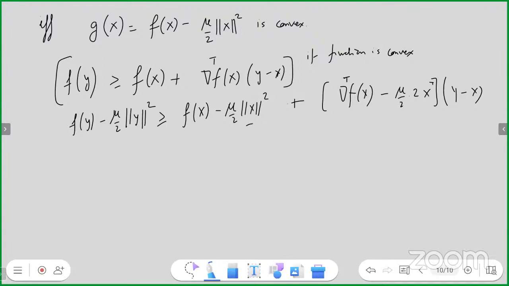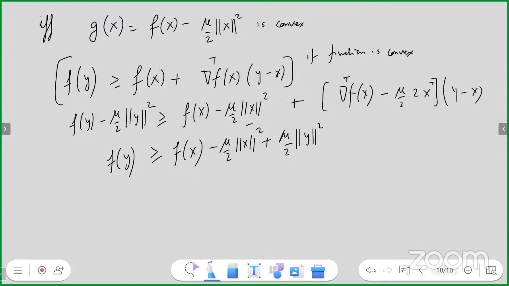Okay, so what can I do? I can keep f of y here, greater than f of x here, minus mu by 2 mod x square, plus mu by 2 y square. That much I'm done. Now I have to only worry about this, plus y minus x and minus mu times x transpose y minus x.